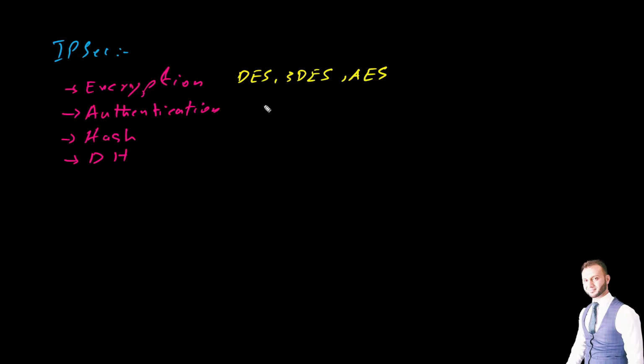bits. And authentication is used for the purpose of authenticity, where two endpoints would authenticate each other using that authentication mechanism. Examples would be, let's say, pre-shared key, or we could also have digital certificates.